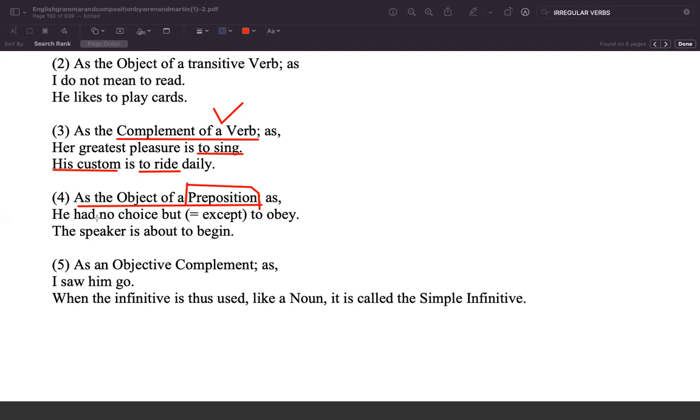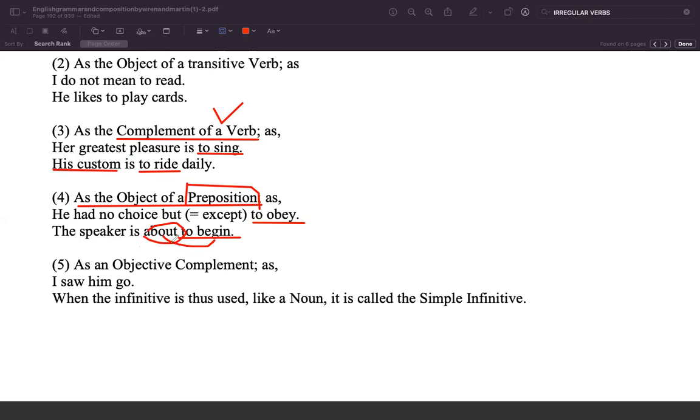Let's say, he had no choice but to obey. So what do you find? He had no choice except to obey. Another: the speaker is about to begin. So to begin is an infinitive, and the infinitive is the object of the preposition about.